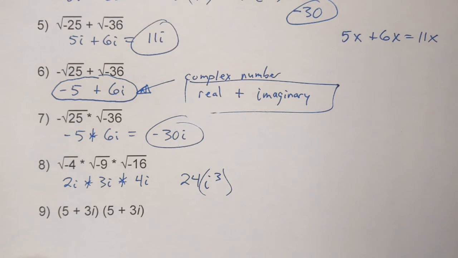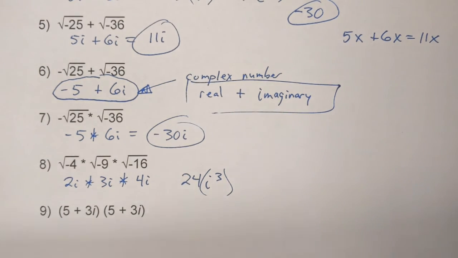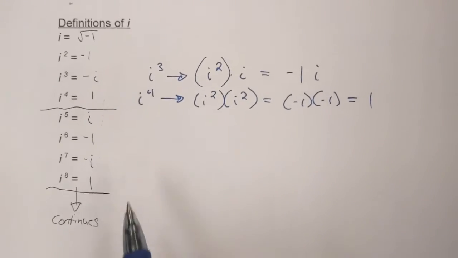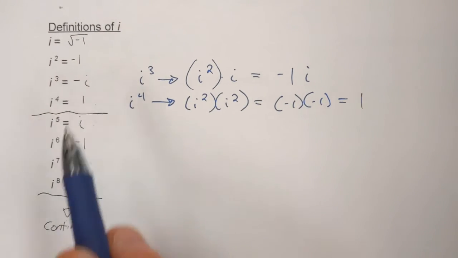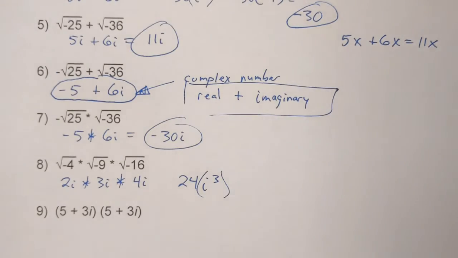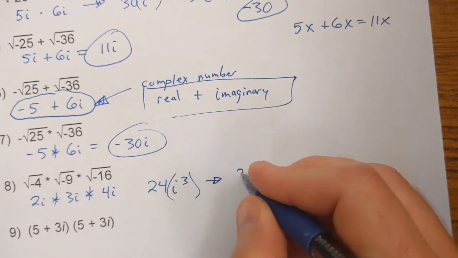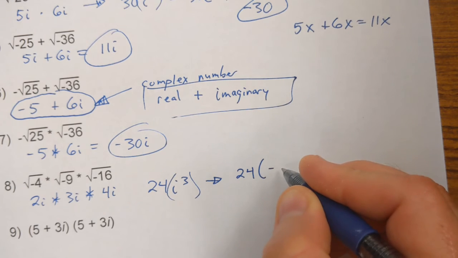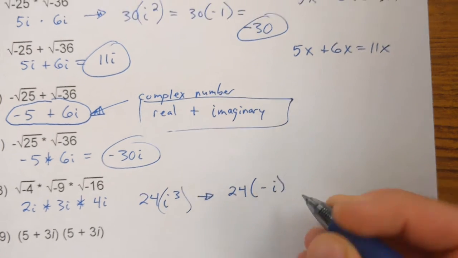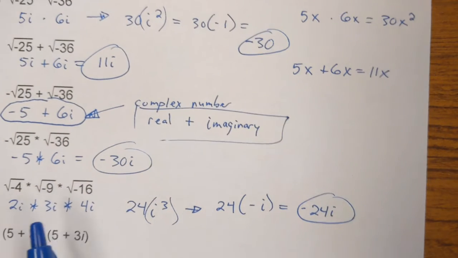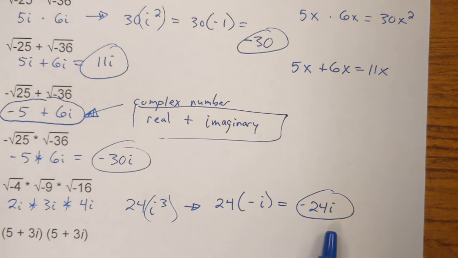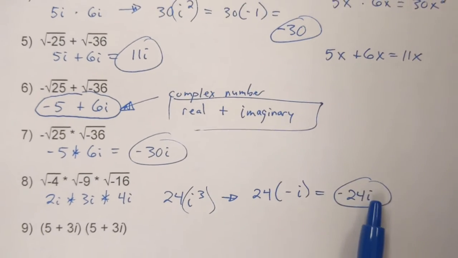Here's a case where I kind of want to reference back to my little chart here. i to the third simplifies to simply negative i, or negative 1i if you'd rather. So this becomes 24 times negative i, or negative 1i. It'd be negative 24i. And imaginary times an imaginary times an imaginary actually stays an imaginary.